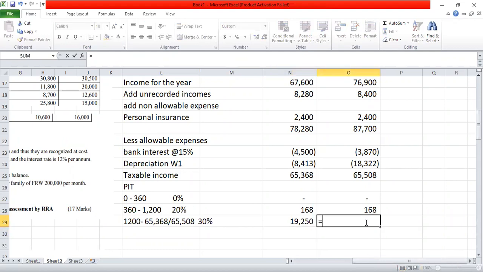And here it is this minus 1.2 times 30%.